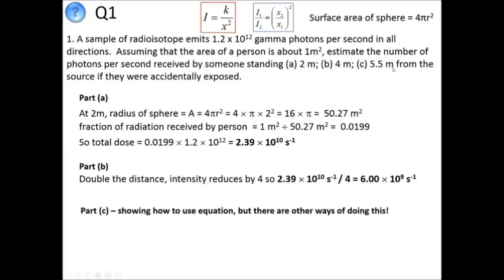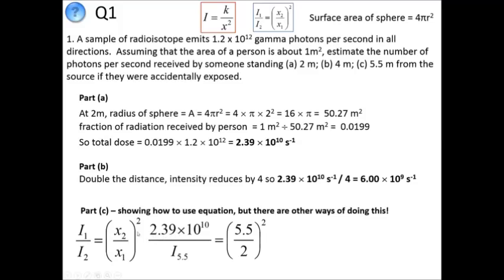Part C, you can do this different ways. I'm just going to show you how to use the equation at the top, I1 over I2 equals x2 over x1 all squared. Let's feed our numbers in. I1, this intensity, 2.39, was at 2 meters.